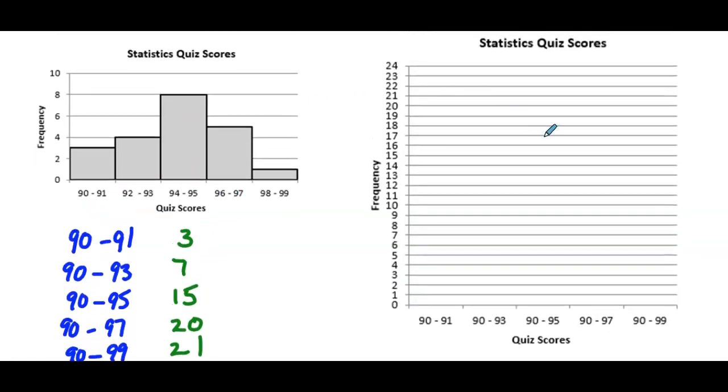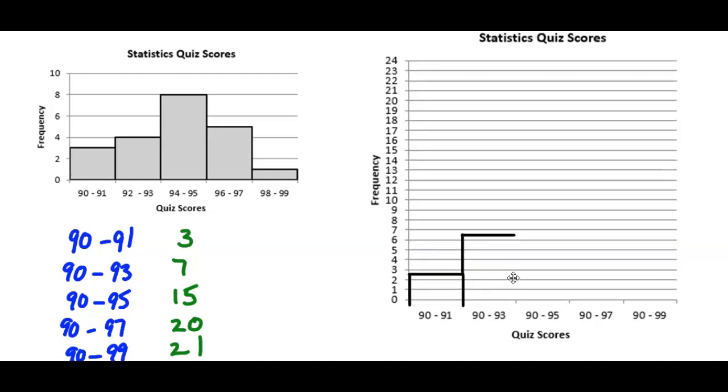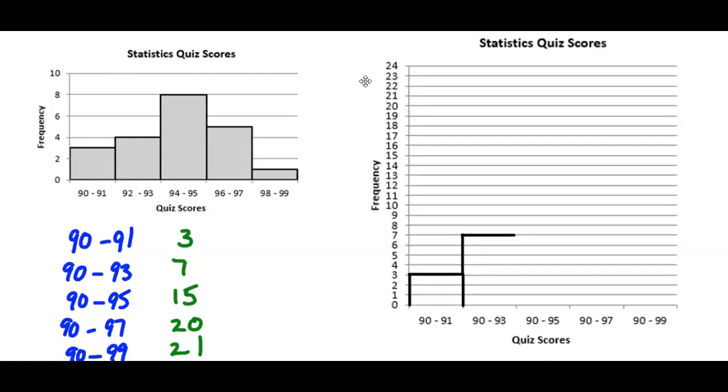Okay, so here we have space to create our cumulative frequency histogram. So I'm going to use the line tool. So first, 90 to 91, we're going to 3. Okay, so there we have our first bar, nice and neat. Then we're going to 7. Don't want to move the graph, just want to use my lines. And then we have 15.